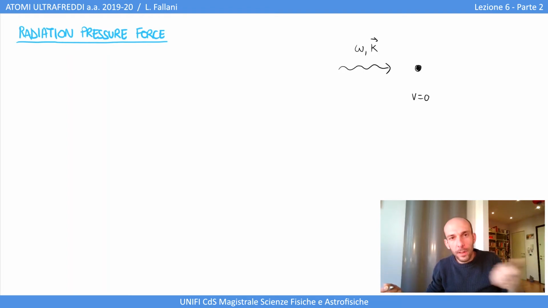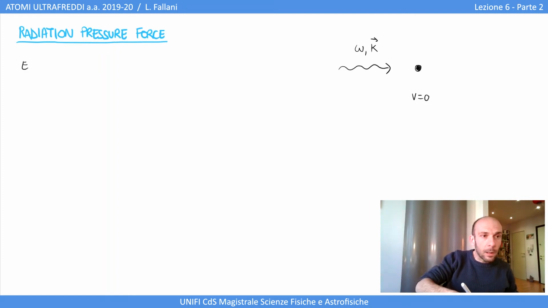So we have a frequency omega and a wave vector k. And so we can write the electric field associated to this wave as some polarization vector e, amplitude epsilon, times the cosine of omega t minus k dot r.